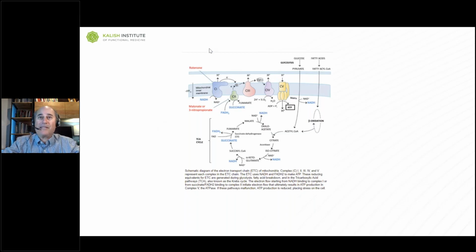And then I'm just going to point out this one here because it's going to become important in a few minutes. That's complex 2. That's run by an enzyme called the succinate dehydrogenase enzyme. And what is an enzyme? An enzyme is a whole bunch of amino acids that got slammed together, right? Thanks to your DNA.